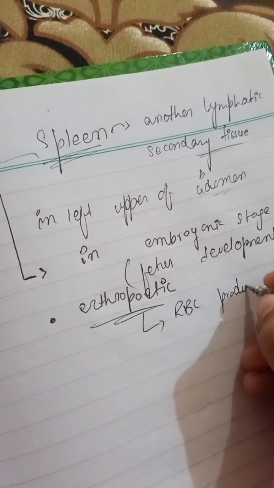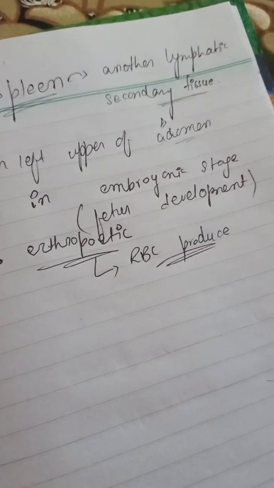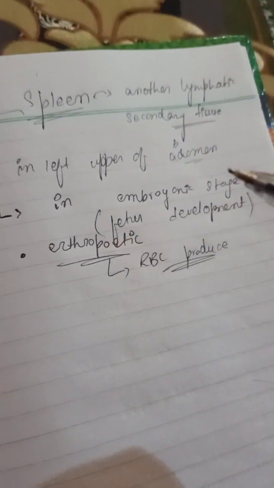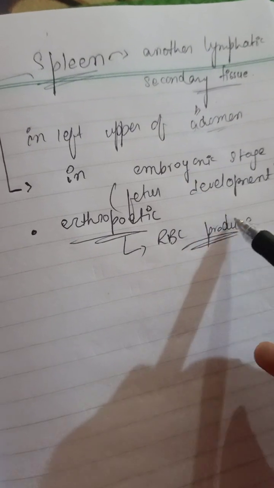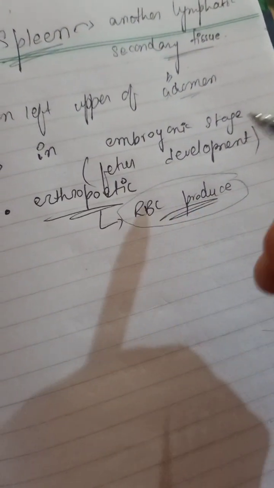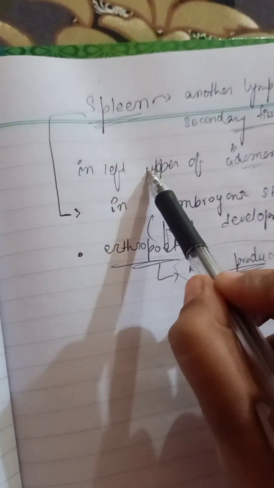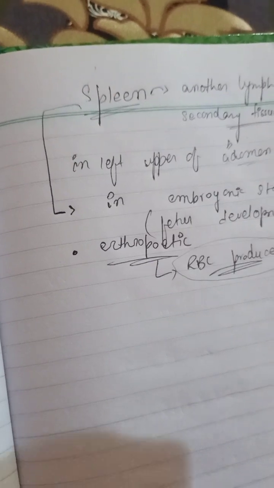So before birth, when the baby is in the embryonic stage, the RBCs of the baby are produced in the spleen. So we also call the spleen an erythropoietic organ.